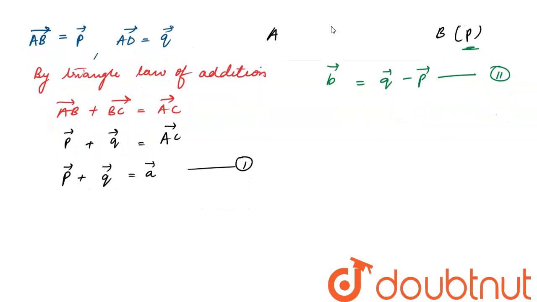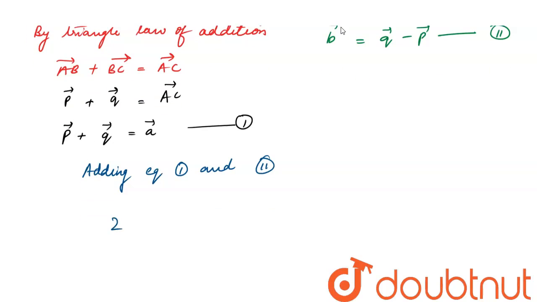Okay, so here we have two equations. Now we will add these two equations. So adding equation 1 and equation 2, we will get 2Q vector equals A vector plus B vector.